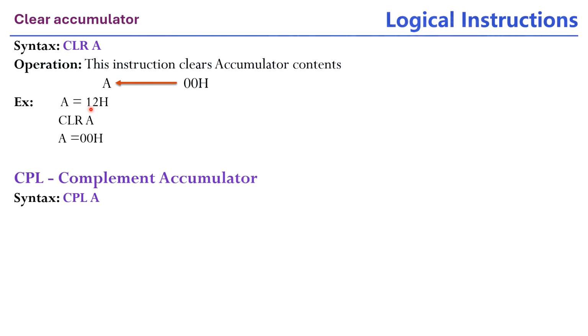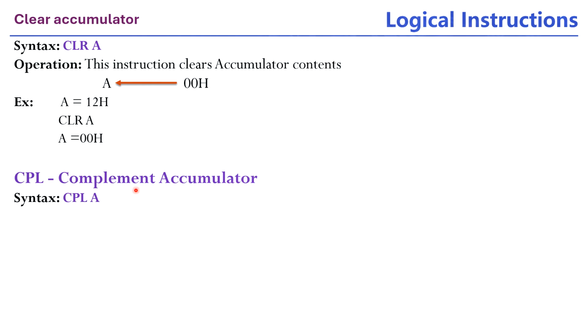A equal to 12, this is the hexadecimal value. Now we want to clear A. Some value is given here, but using this instruction, it always produces 00. Any value can be here, but after the execution of this instruction, they produce the 00 value.